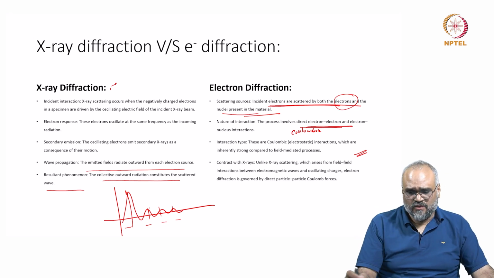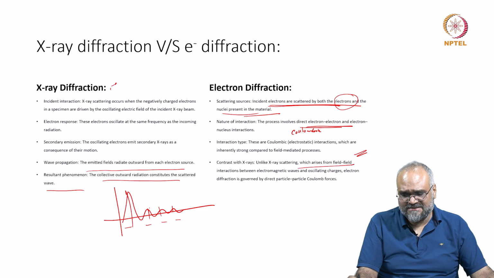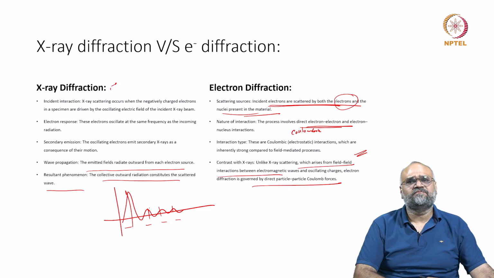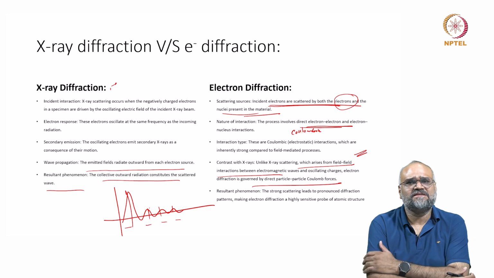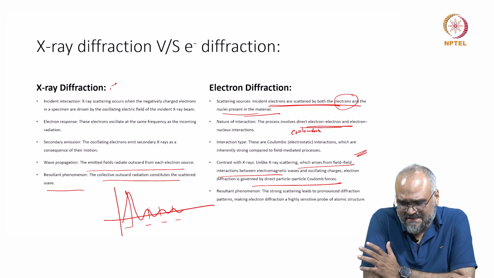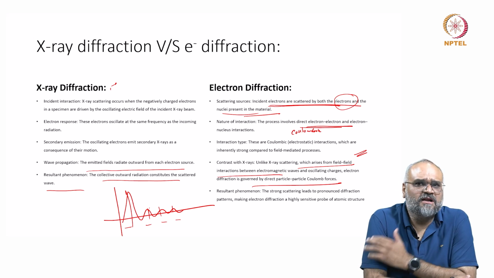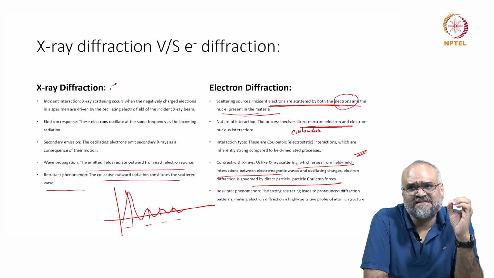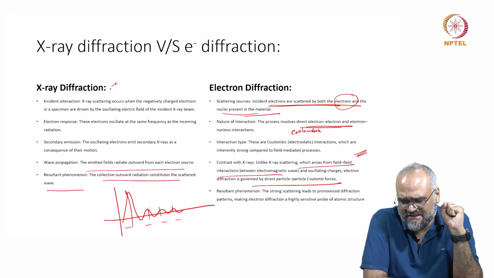So, X-ray diffraction is a field-field interaction, whereas electron diffraction is a Coulombic interaction. As a consequence, the strong scattering leads to a pronounced, very strong electron diffraction pattern, and it is extremely sensitive to the local atomic structure.